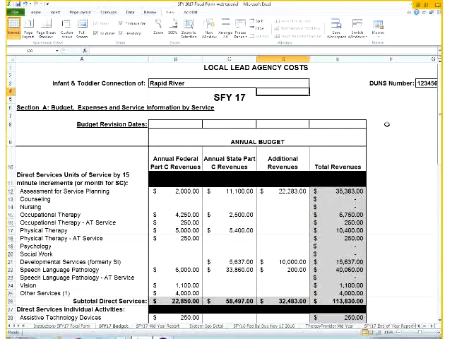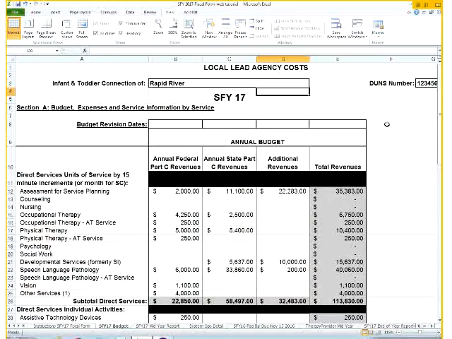We will be going through this form in depth today, providing visual examples of how to complete this form, along with verbal instructions and clarifications on how to provide details about these individual category areas.